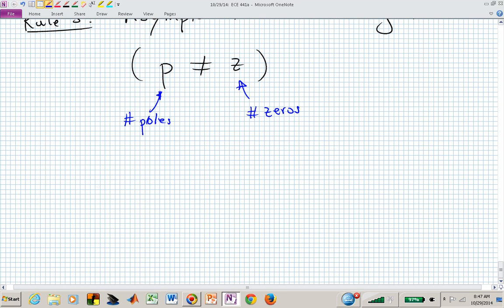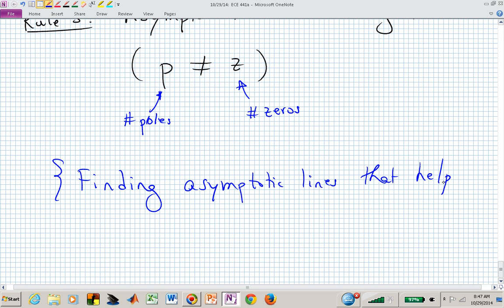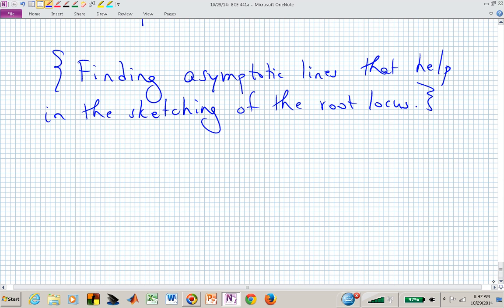We are here finding asymptotic lines that help in the sketching of the root locus. And here is how we find those lines.